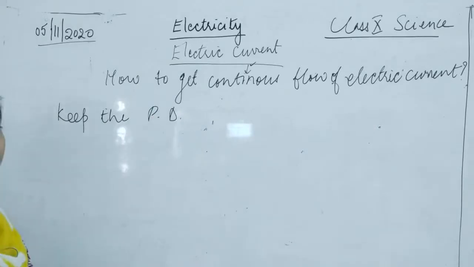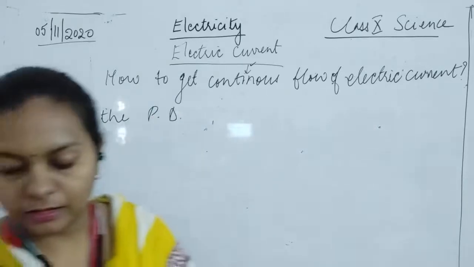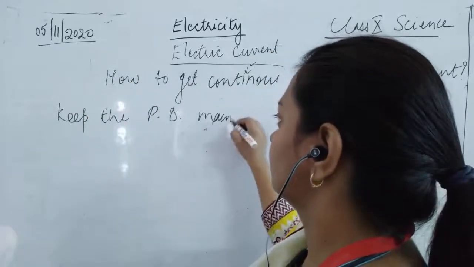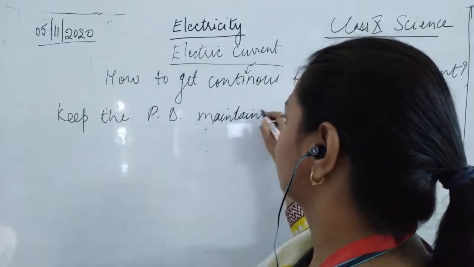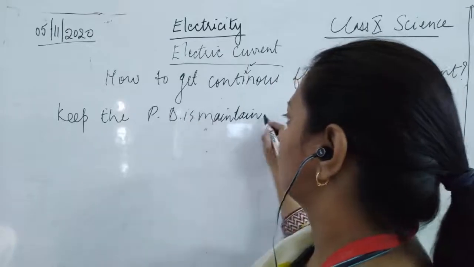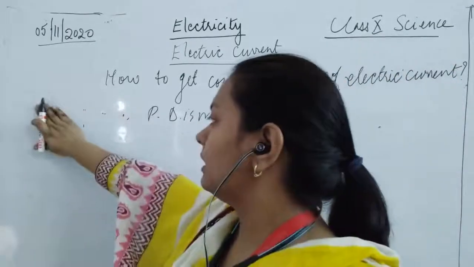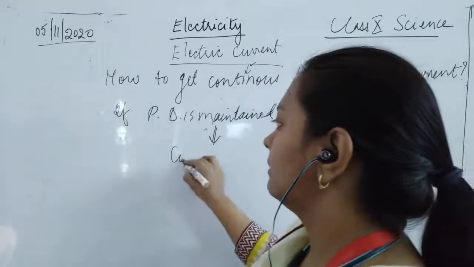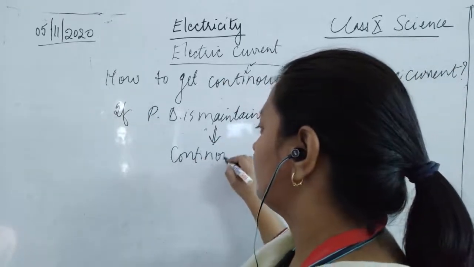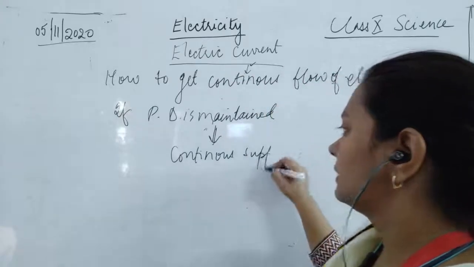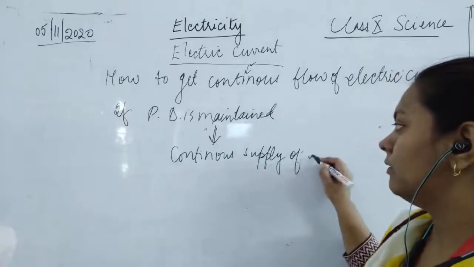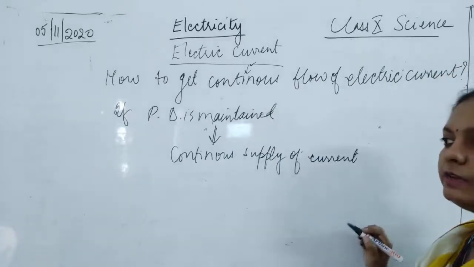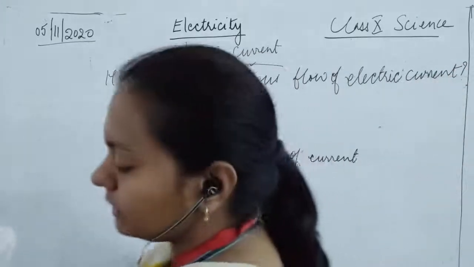If the potential difference is maintained, then we can get the continuous supply of current. Look, continuous supply of current will be available only when there is potential difference.